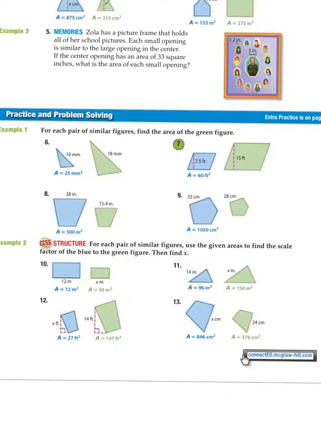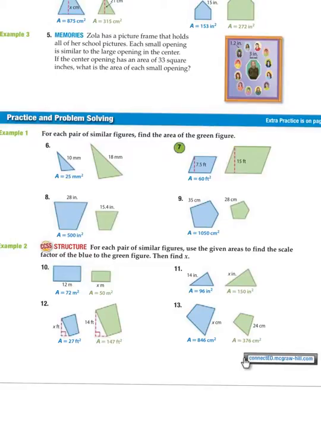Just look at these and see which formula you're going to need. Now see, on 6 through 9, you're finding the area. So on these, you've got to get your scale factor first, and then square it. On the ones at the bottom, you're comparing area to area.